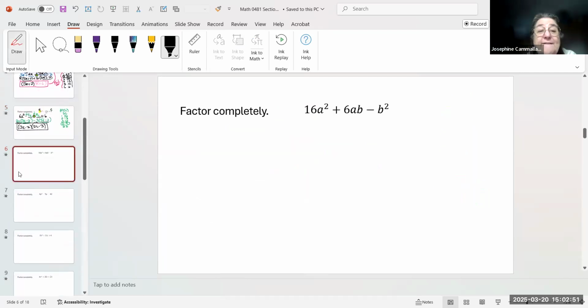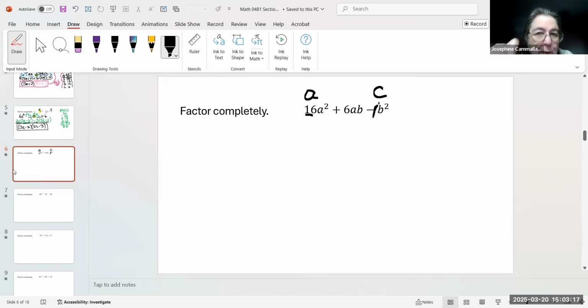Let's try again. Okay. 16. Okay. Well, I can't divide by 16. So that means there's no GCF. But 16 is my A. Now be careful. Over here, my C is 1 in front of that B squared.